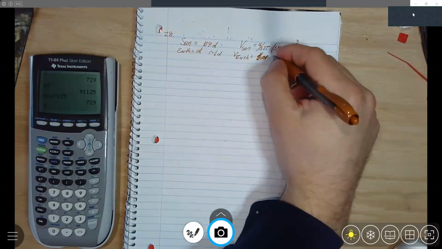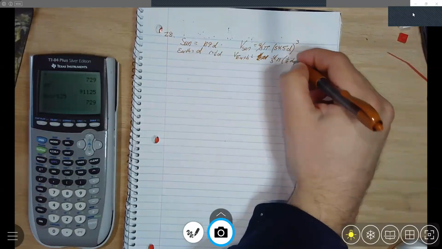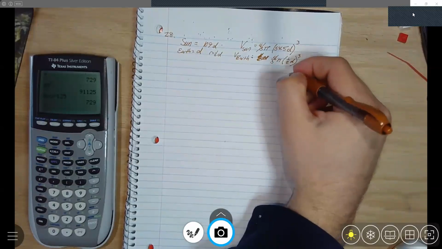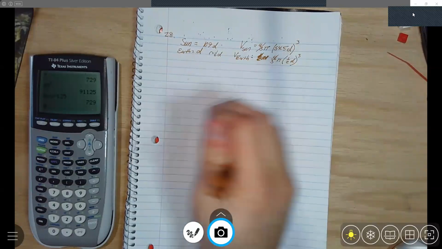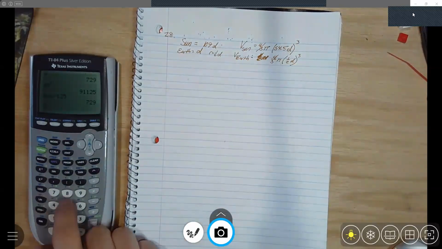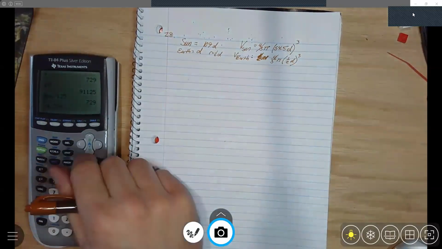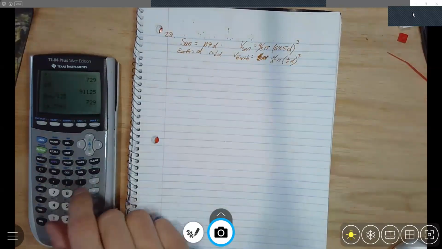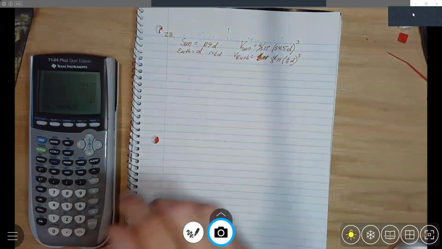So then 4/3 pi half d cubed. So let's just put the numbers in that we can put in. So ignoring pi a second, we're going to have 54.5 cubed.